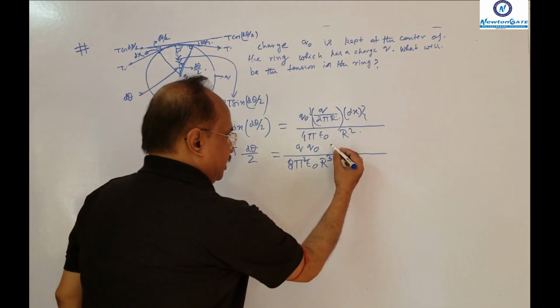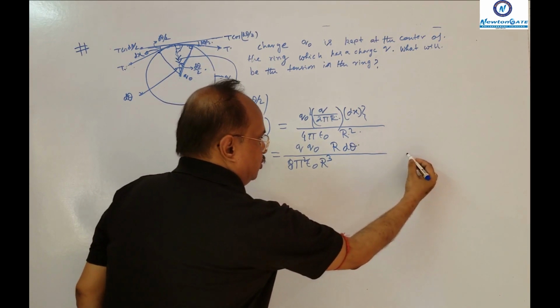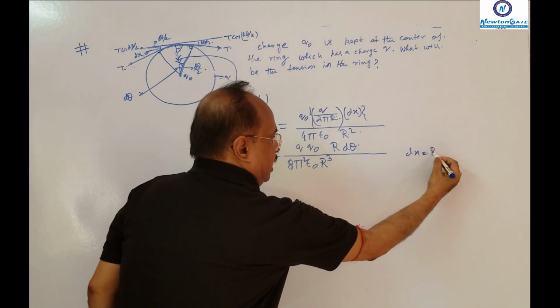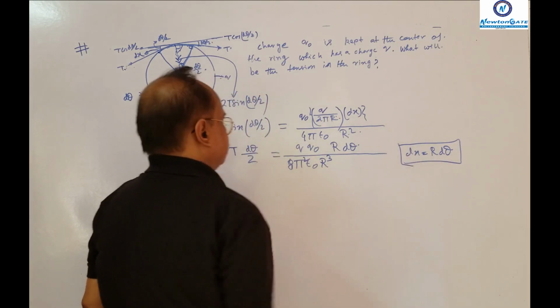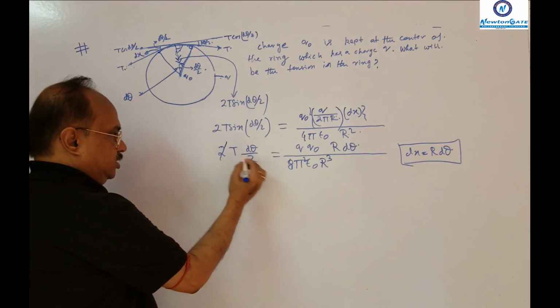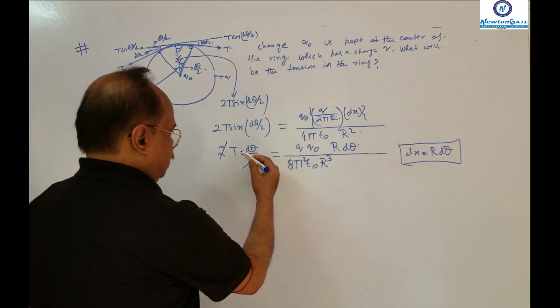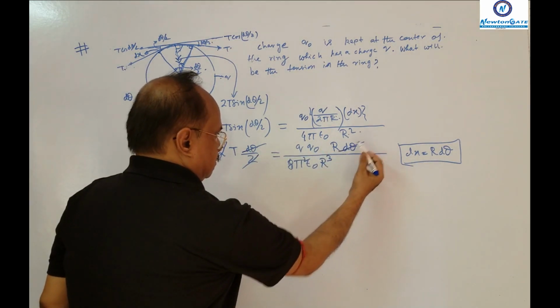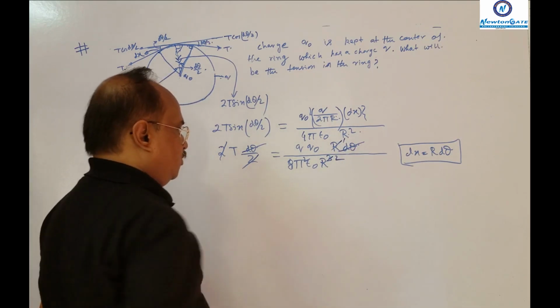In place of dx, we can write r dθ, because we know dx is equal to r dθ. So this 2 and this 2 get cancelled out, this theta will be cancelled out, and this r and this r will get cancelled to r square.